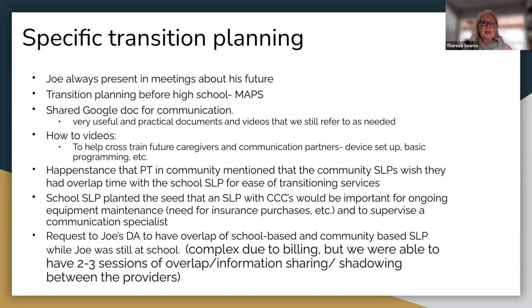In the transition process from middle school to high school, we used a system called MAPS, which is Making Action Plans. It's a person-centered planning tool.